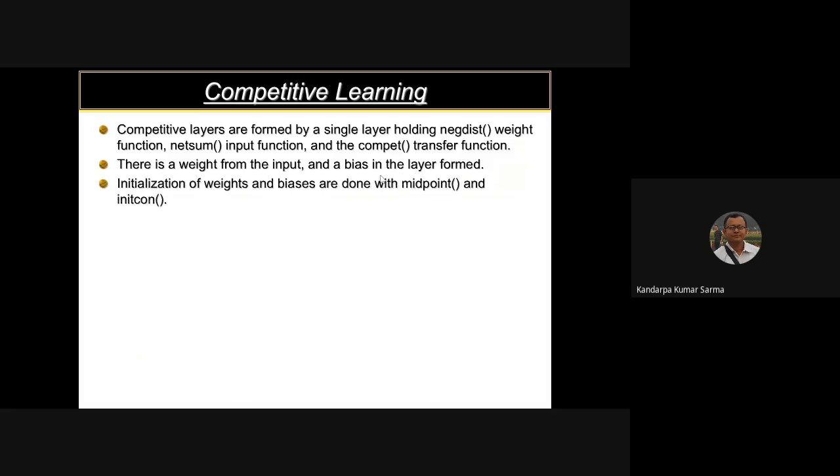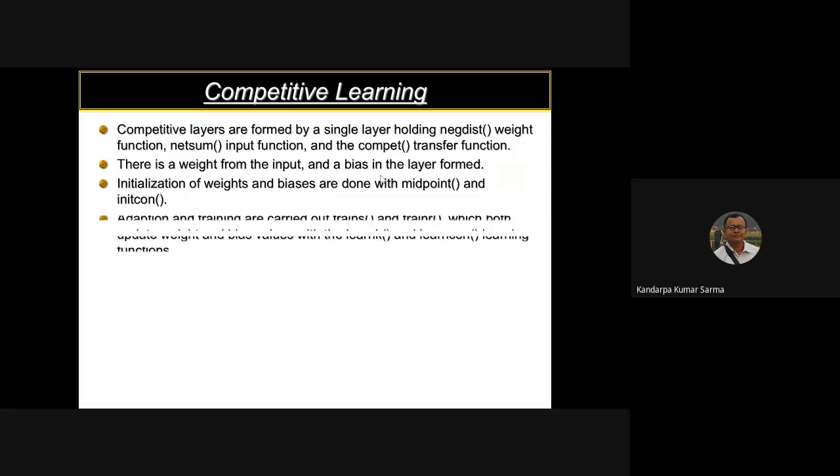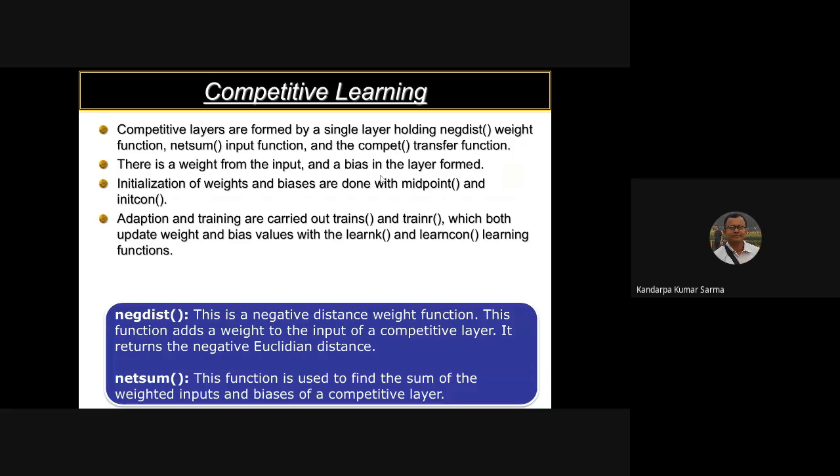There are several other functions that are used with competitive learning, such as negdist, netsum, compet and the transfer function, and so on. So negdist is the negative distance weight function, while netsum is a function required to find the sum of the weighted inputs and the biases of a competitive layer.